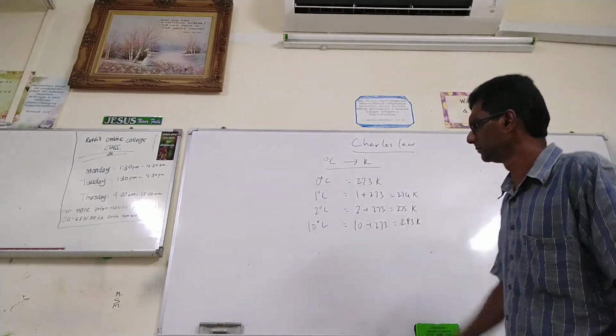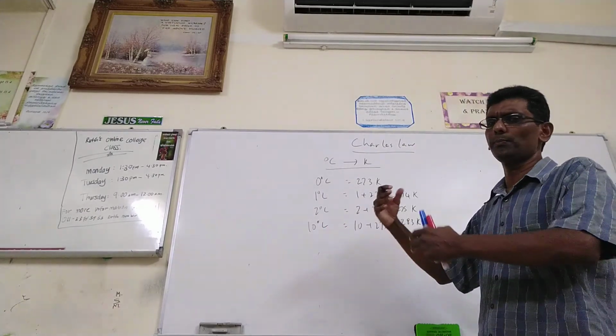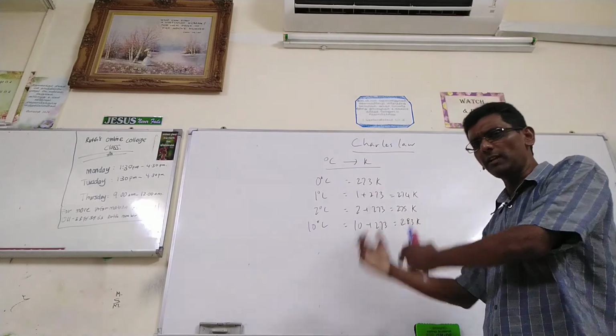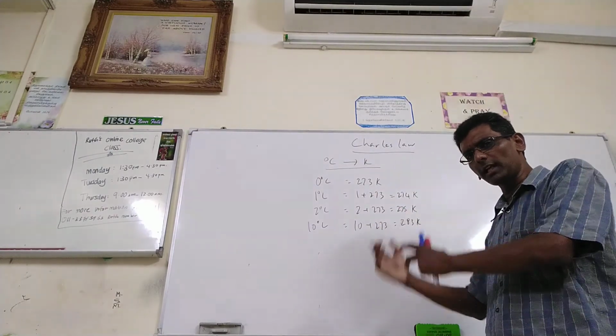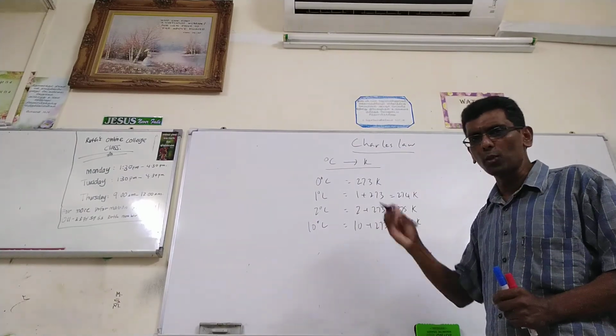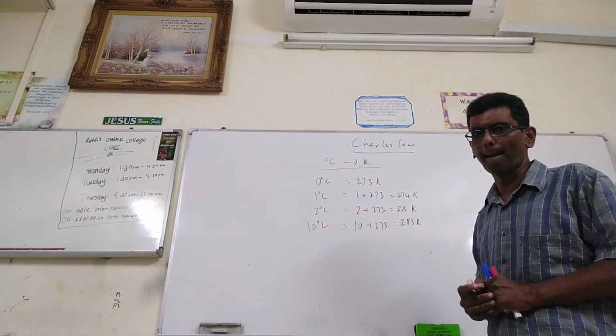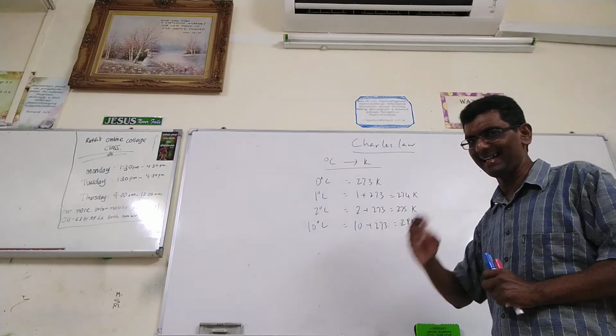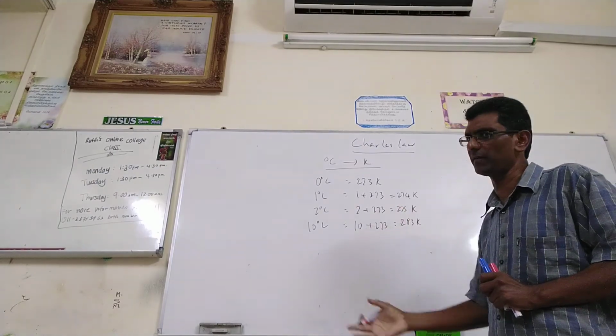So for Celsius to Kelvin, you must add 273. That's called Celsius to Kelvin.